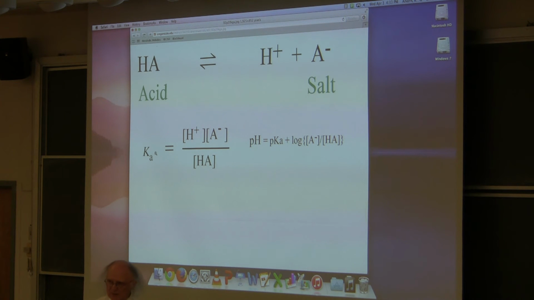Yes, because the hydroxide will react with the proton to make water. And the system is going to say, whoa, better replace those protons. What's going to happen? 10,000 of these guys are going to give up protons. I'm going to have, at the end of that, 50,000 minus 10,000 of the acid, and 50,000 plus 10,000 of the salt. Because when this guy loses a proton, it becomes a salt.